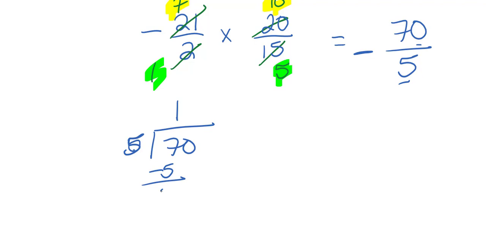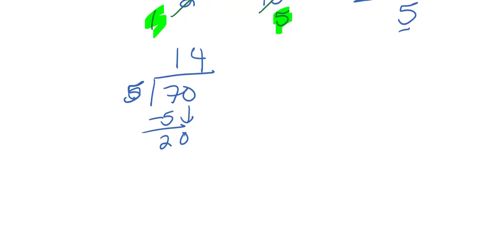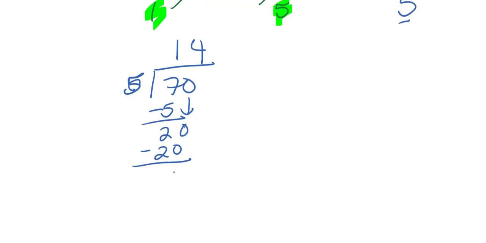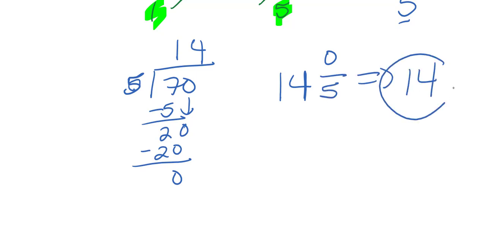So we subtract, we get 2, bring down the 0. Well, 5 can go into 20 4 times. We subtract, we get 0. So we really just get 14, and then we have nothing in the numerator over 5, which is the same as saying just 14, right? These are the same thing.